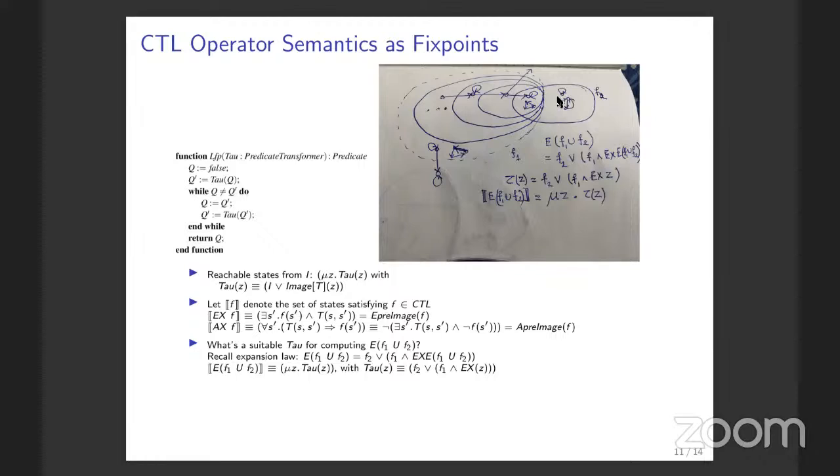But what it does not include are states that don't satisfy F2, of something like this. Look at the cursor. This is a state that does not satisfy F2, but satisfies F1. So here is the F1 state, in the set of all states that satisfy F1. It satisfies F1, but not F2, but it has one successor which ends up in an F2 state. And that's what you need to add.